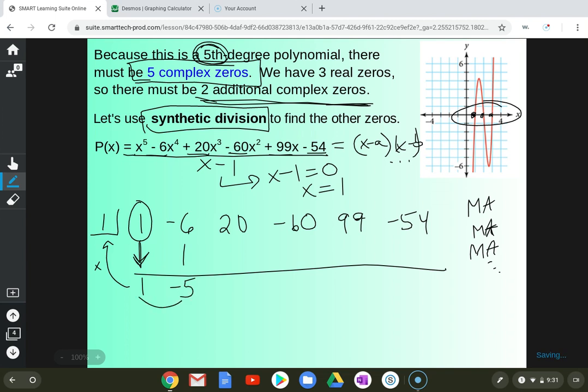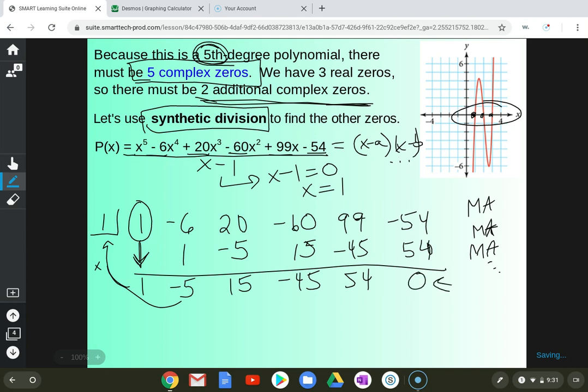Now we take this, multiply up, -5 times 1 is -5, put the answer here, add down, multiply up, 15 times 1 is 15, add down, -45, multiply up, add down, multiply up, add down.